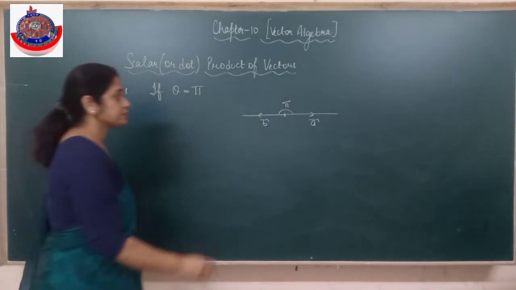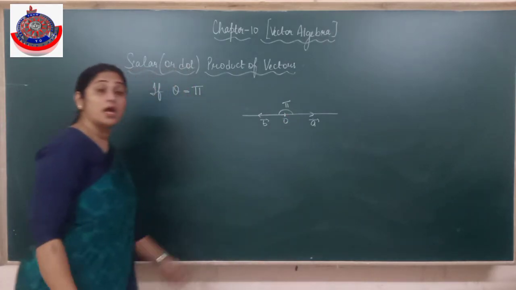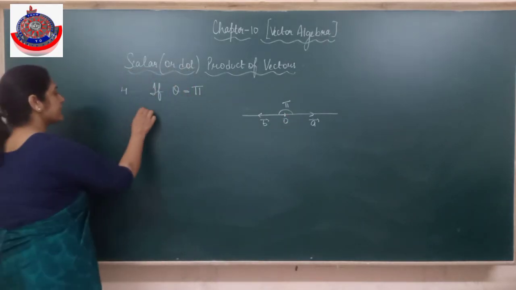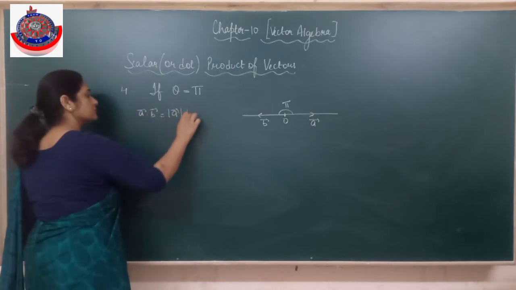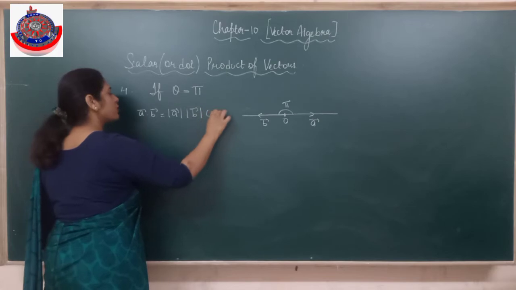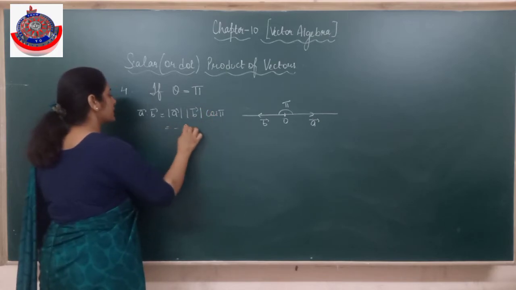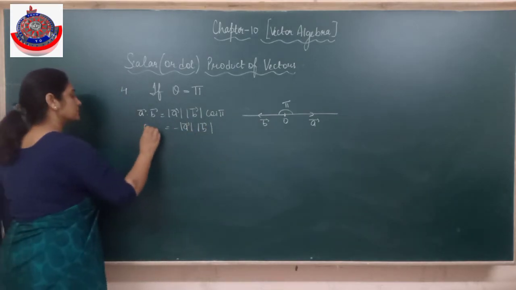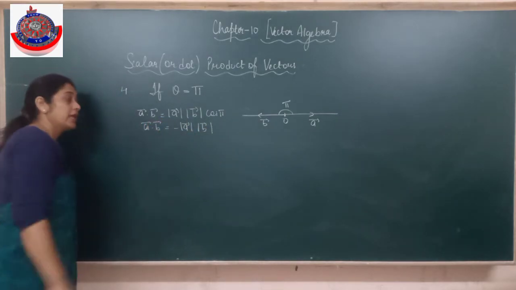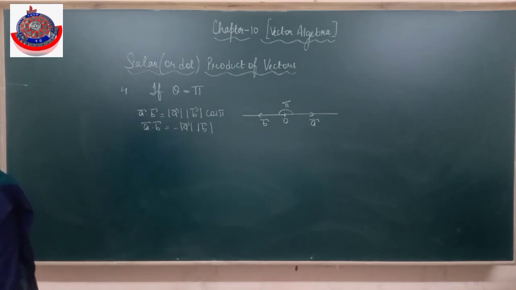When it is in the opposite direction. In that case, cos pi, what is cos pi? Cos pi is -1. Then a vector dot b vector is going to be minus of magnitude of a into magnitude of b.